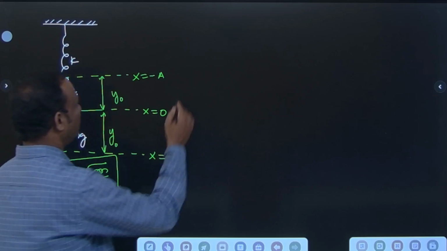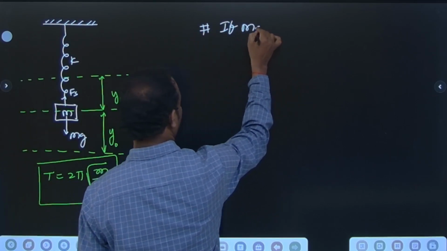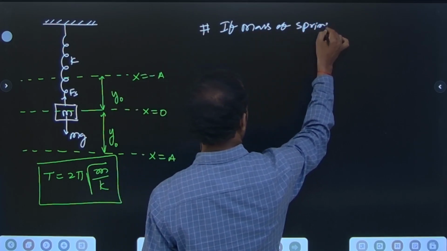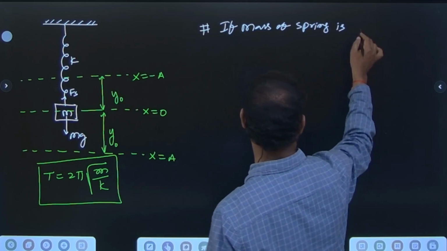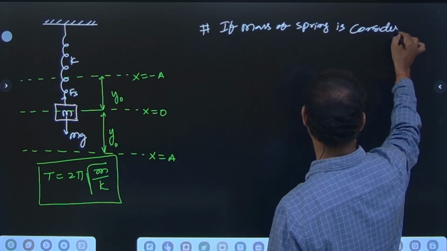Next, if the mass of the spring is considered.